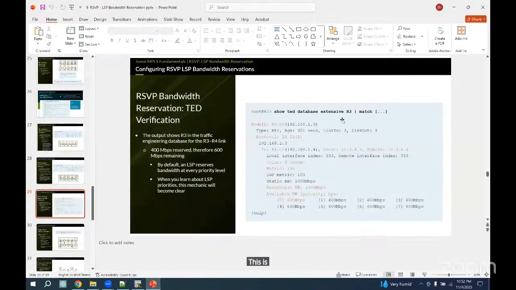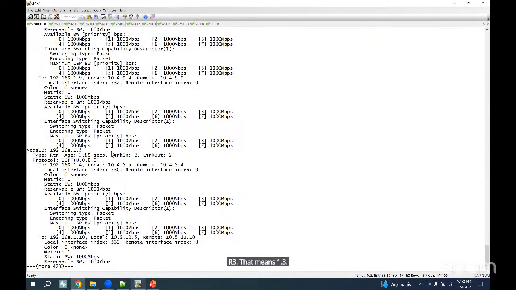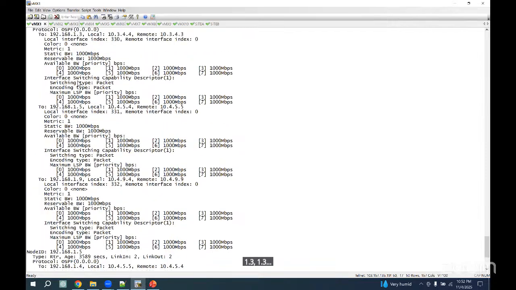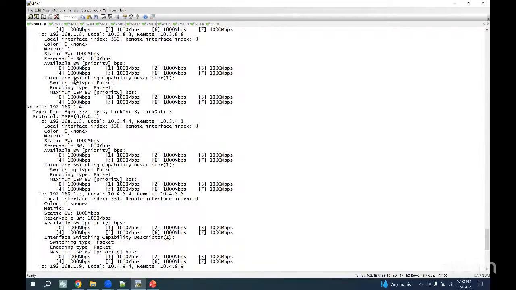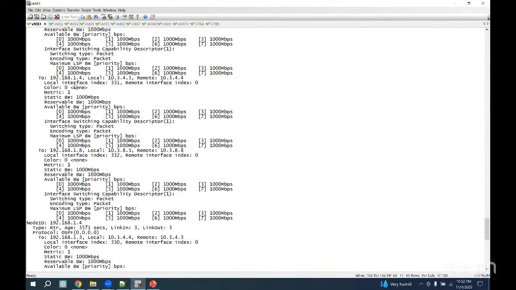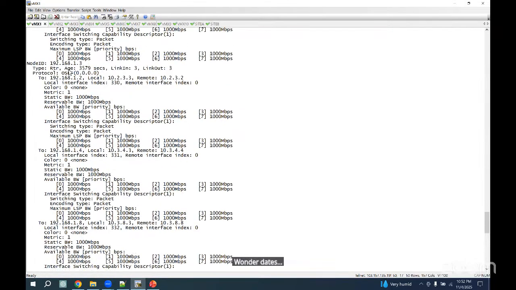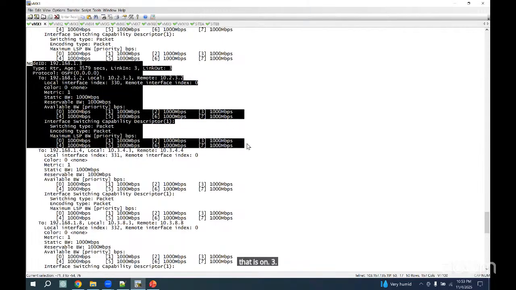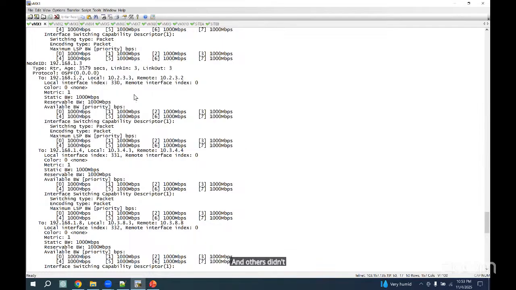This is extensive on R3, that means 1.3. And this is the total bandwidth information, maximum LSP bandwidth, priority, and other information.